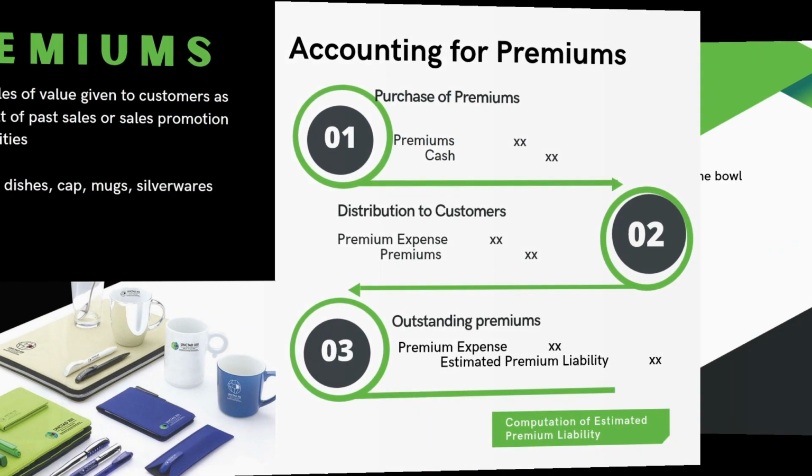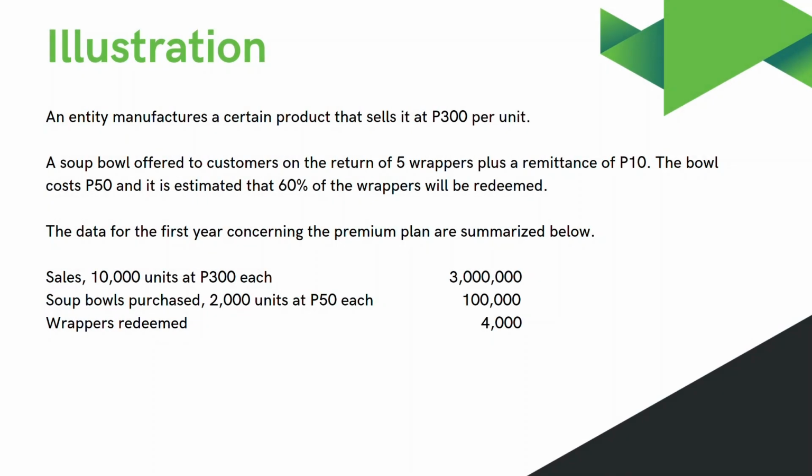For the computation, this is an example. An entity manufactures a certain product that sells at 300 per unit. That is the selling price of the product. A soup bowl is offered to customers on the return of 5 wrappers plus a remittance of 10 pesos. So the customer pays 10 pesos plus 5 wrappers before being given one soup bowl.